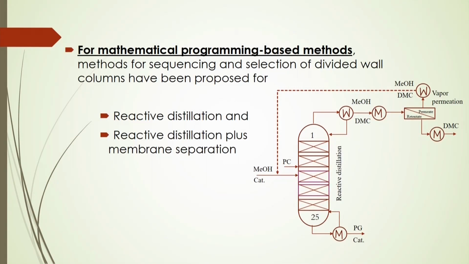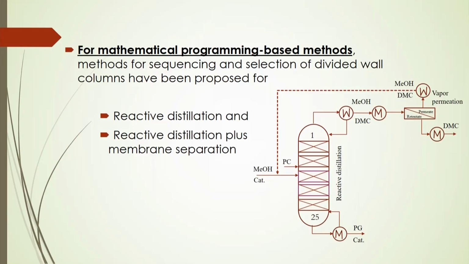For mathematical programming based methods, these methods are generally used for sequencing and selection of divided wall columns, and in this case reactive distillation as well as reactive distillation plus membrane separation can be considered. Suppose methanol with a catalyst is used for reactive distillation, with PC and PG to be used.